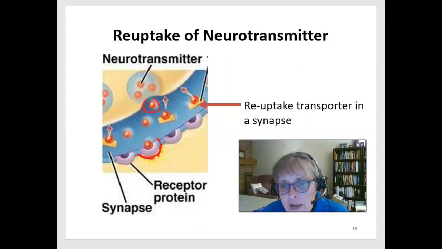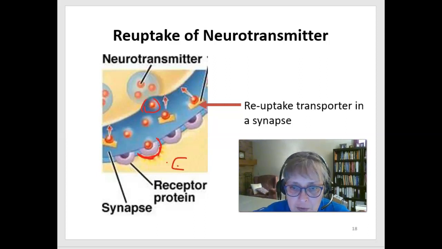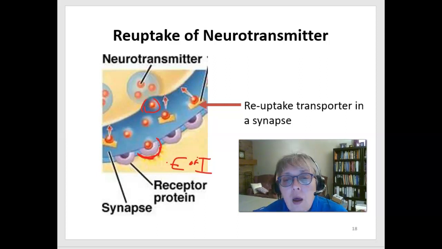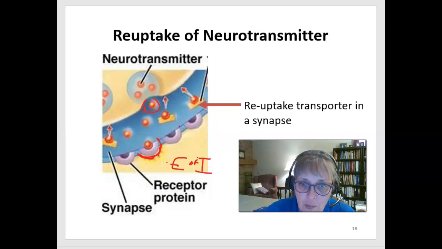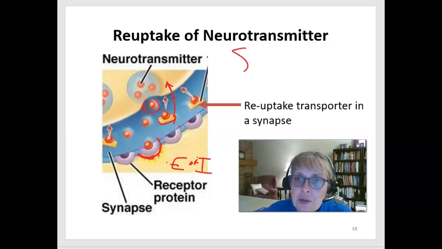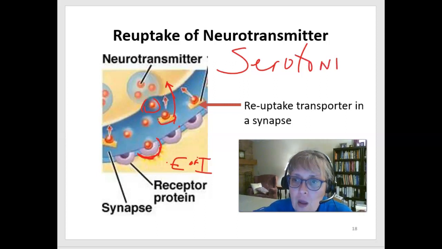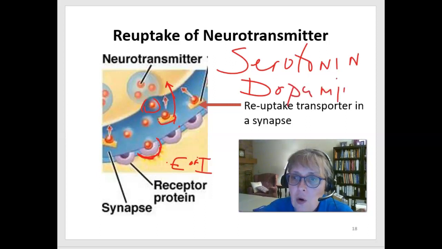Whatever the effect, excitatory or inhibitory, it depends on the receptor and the neurotransmitter. But a certain amount of the neurotransmitter that's been released will bind to these transport proteins that take the neurotransmitter back up into the presynaptic cell. This happens with serotonin and it happens with dopamine. Those are the ones I know about.